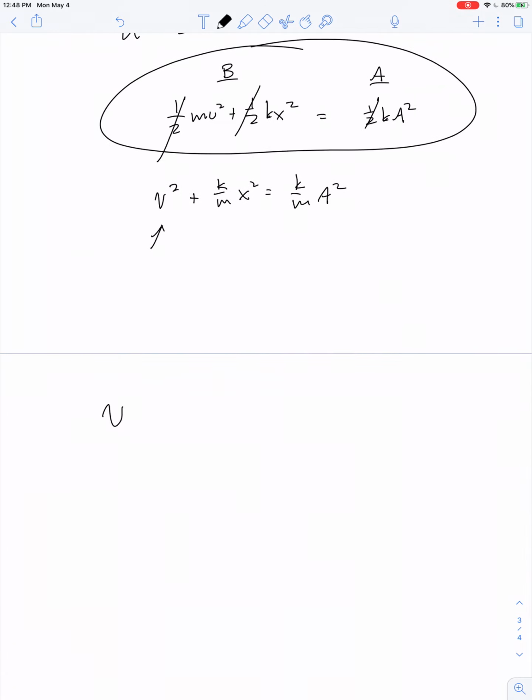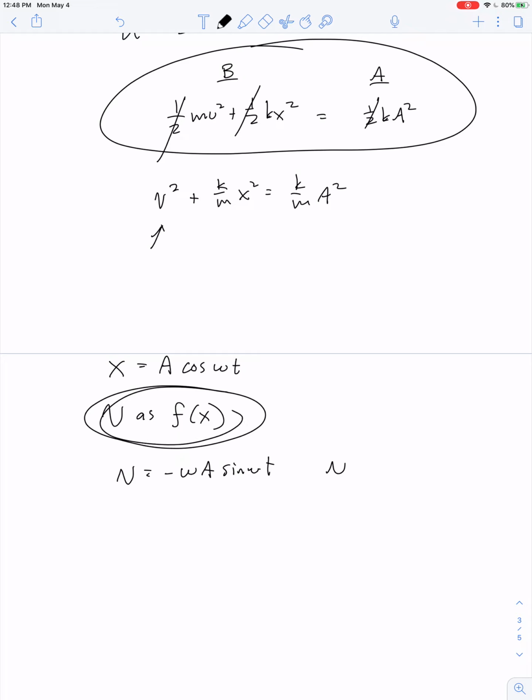Now, we already have velocity as a function of position. If position as a function of time is described as x equals a cosine omega t, then velocity is just the first derivative of that. So it's negative omega a sine omega t, but this is velocity as a function of time.